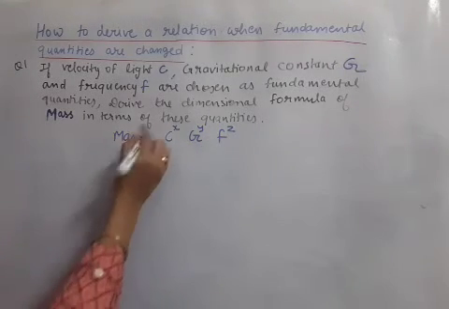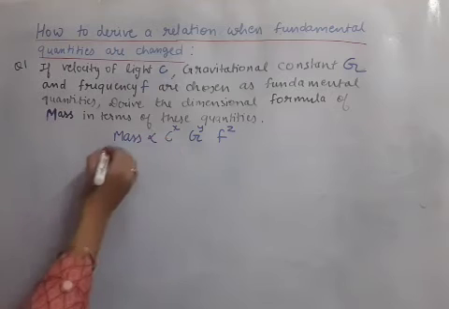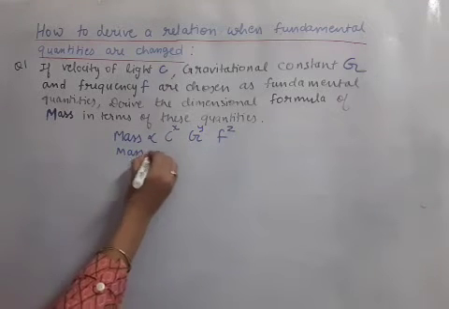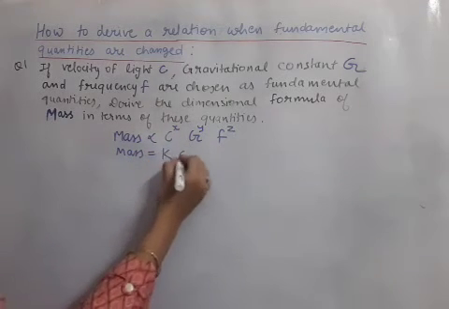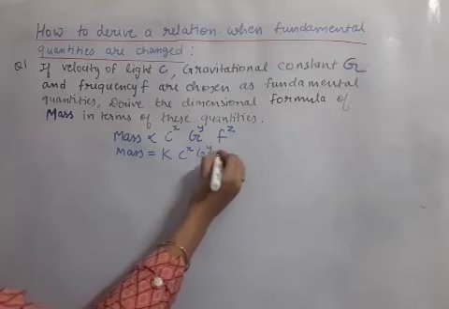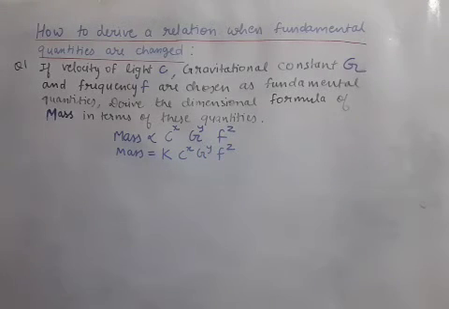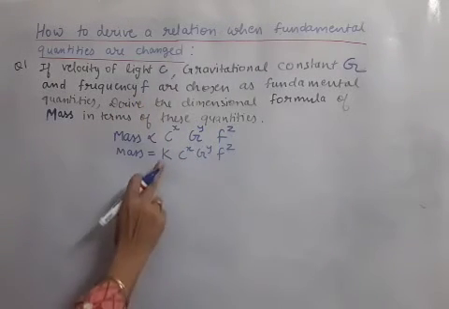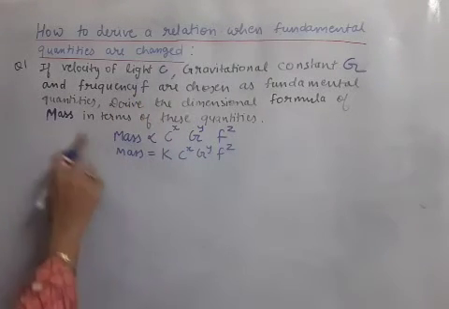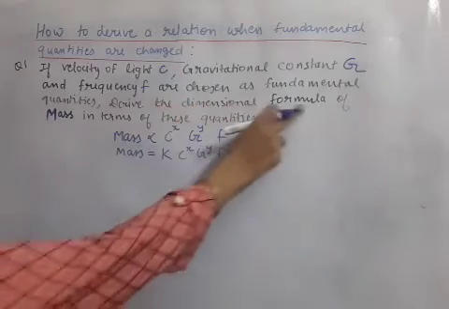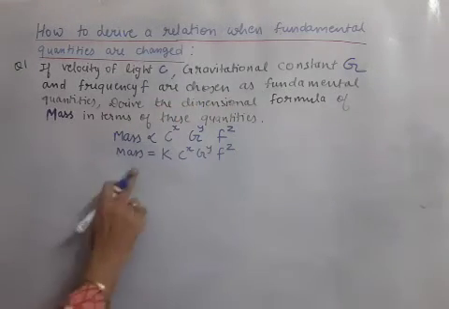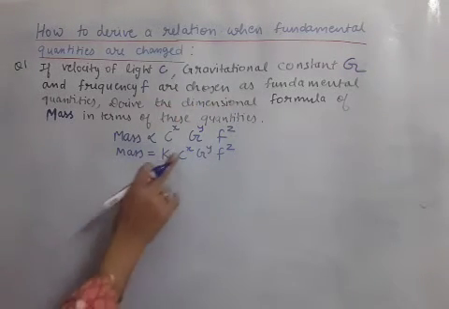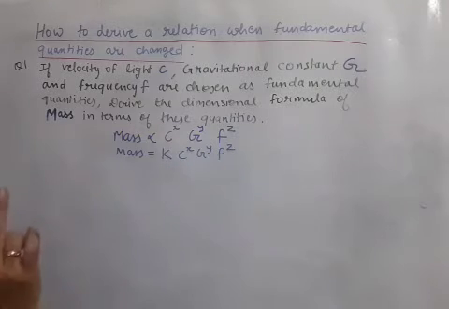We say that this is proportional, and next step we generally apply: mass is equal to k, c power x, G power y and f power z. So c, G, f with three powers we have written equal to mass. We have to derive the formula of mass in terms of these quantities, so our target is to solve these powers.